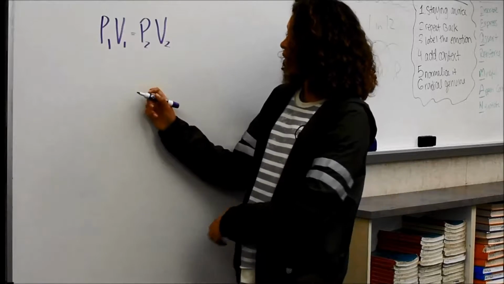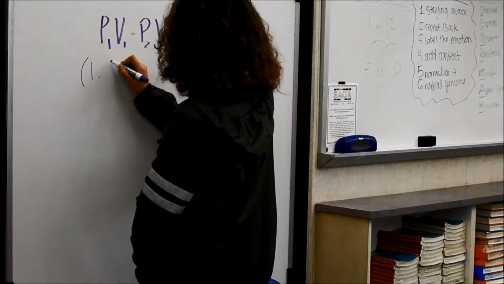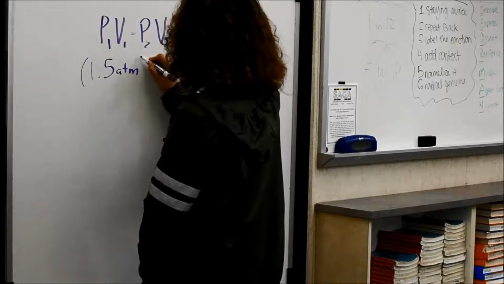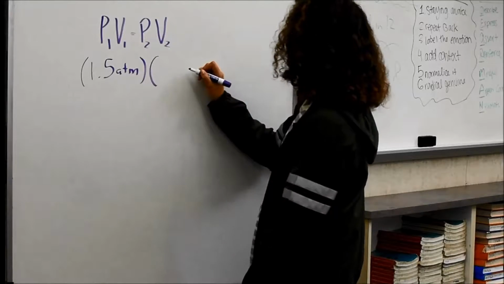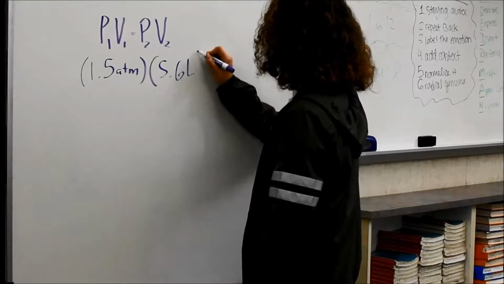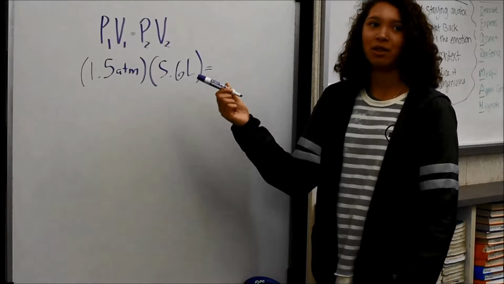The first amount of pressure that we have is 1.5 atmospheres. Our initial volume is 5.6 liters. Then we must have it equal to P2 times V2.